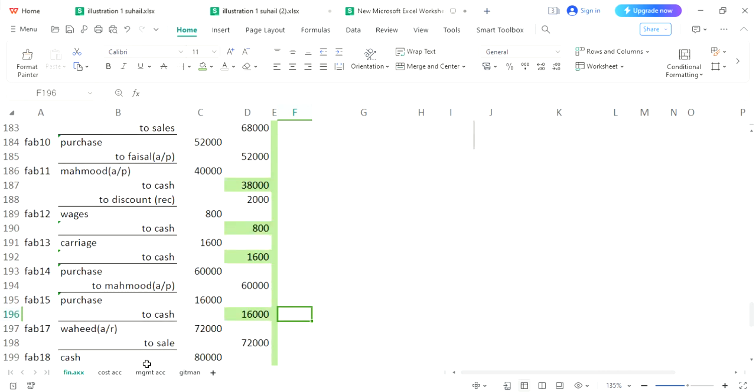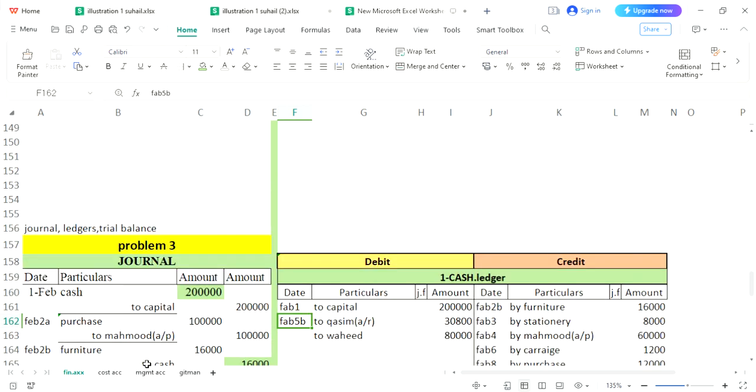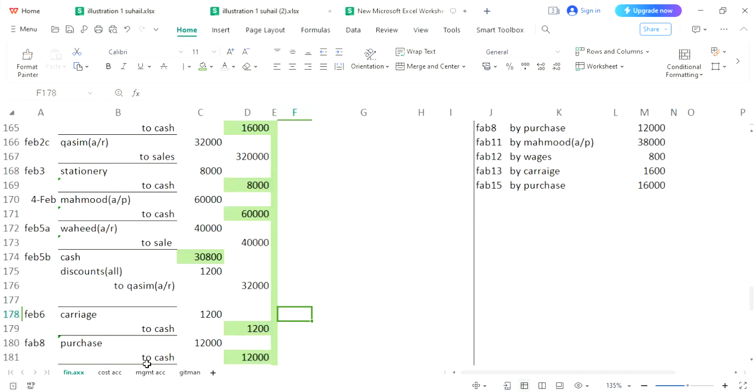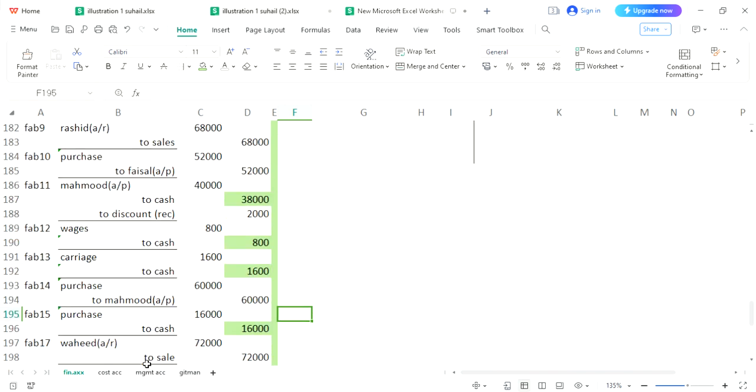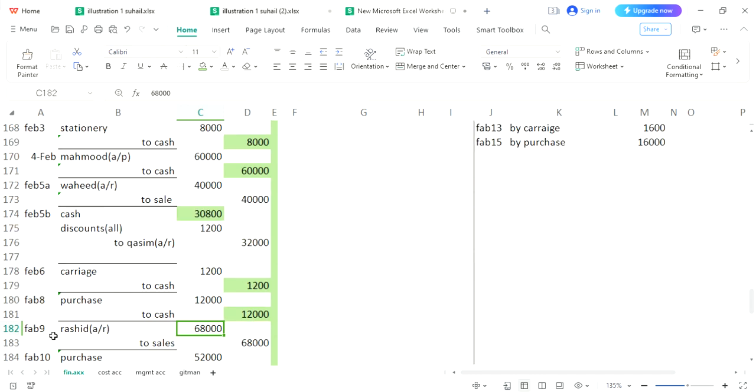So where was 80,000? Let me check. 80,000 Wahid. Yes, it has arrived 80,000, and Wahid was account receivable February 18.